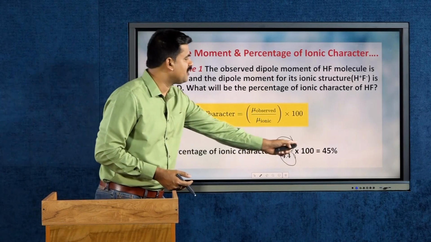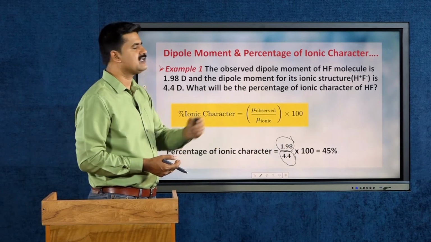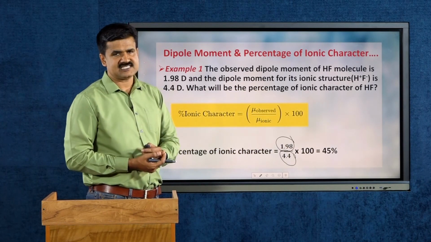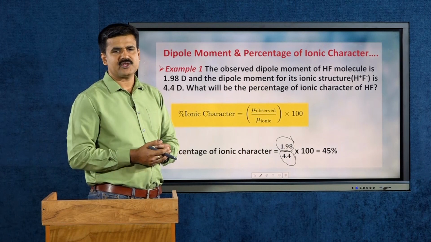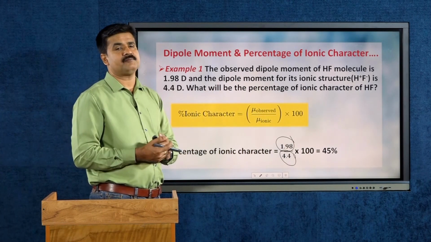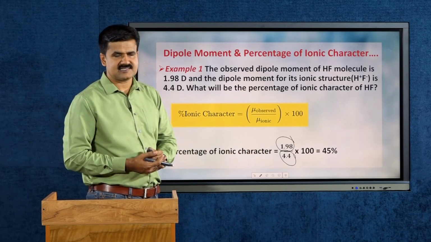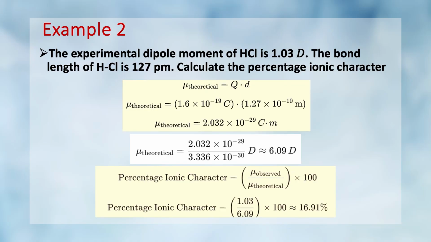You have to multiply with 100 to obtain it as a percentage, and the result is equal to 45%. So, for the HF molecule, the percentage of ionic character as determined from dipole moment measurements is 45%.